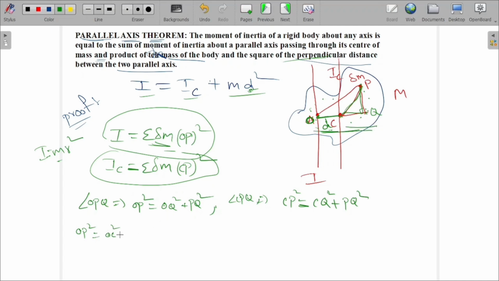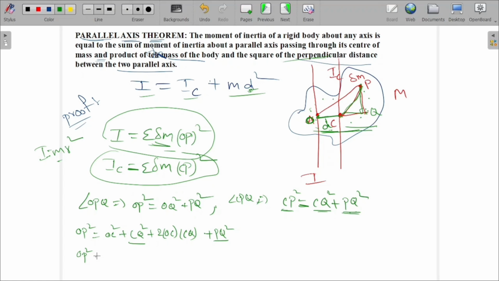So that means OC square plus CQ square plus 2 OC into CQ, the a plus b whole square formula. Plus PQ square. PQ square plus CQ square is nothing but CP square.